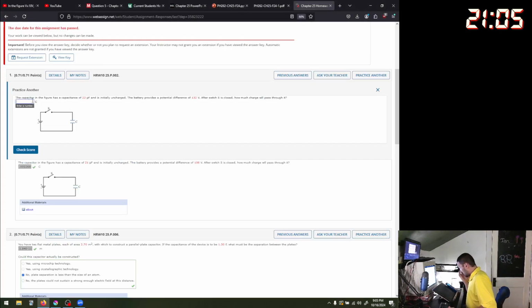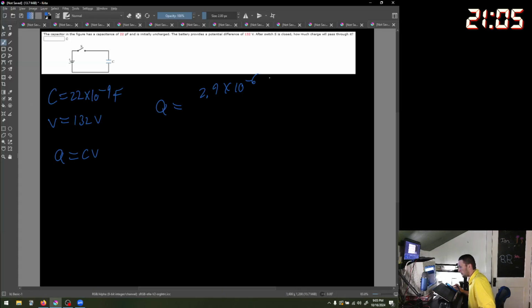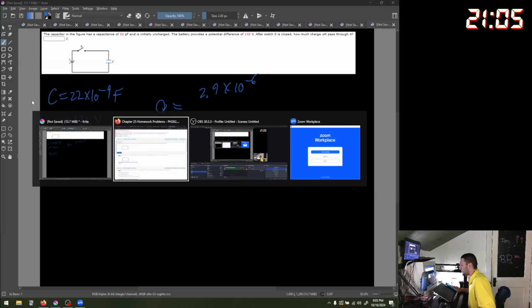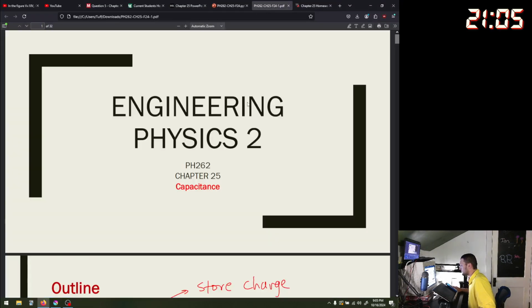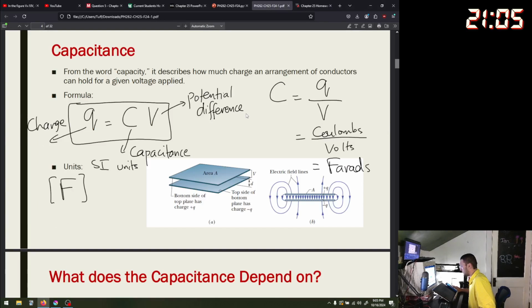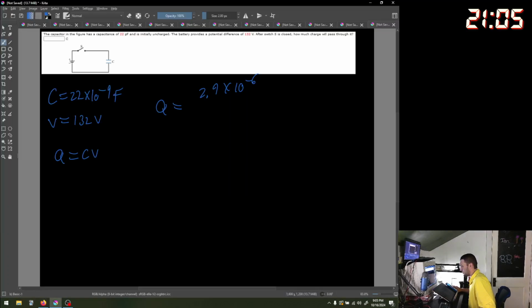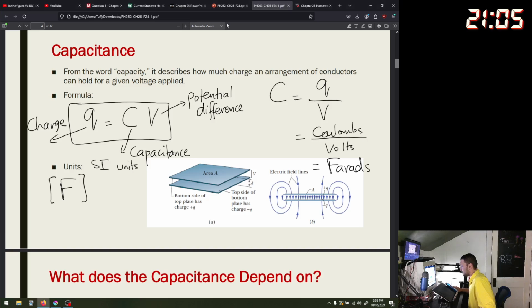Something seems wrong. Q equals CV, right? Charge equals capacitance times potential difference. Should be right.